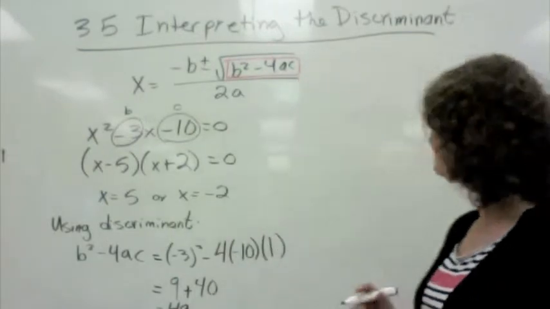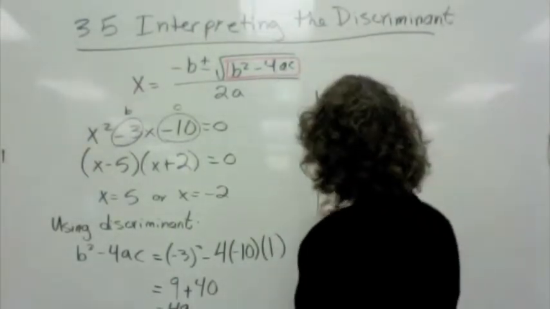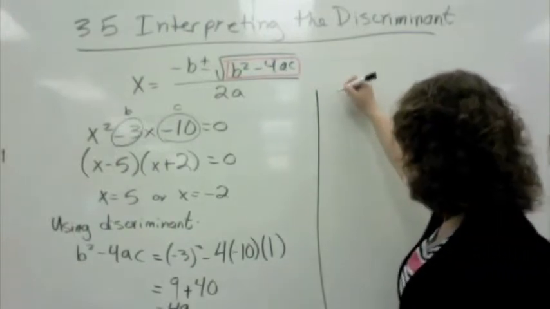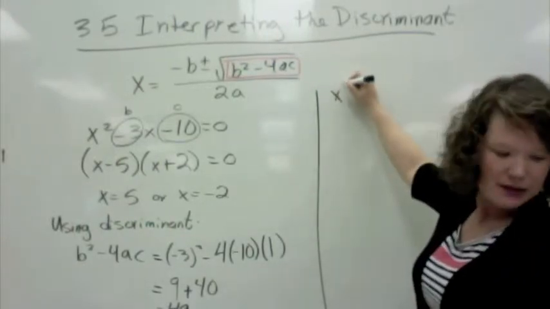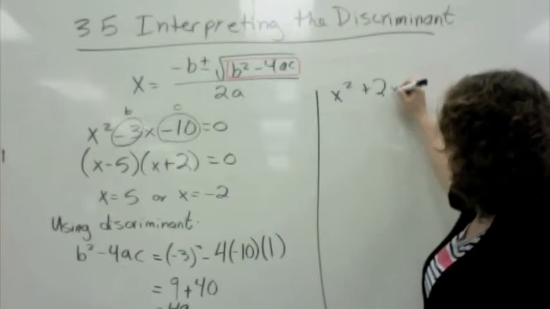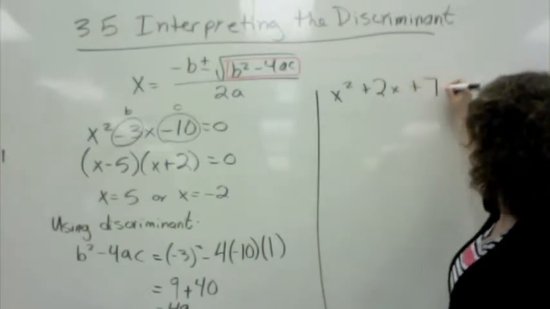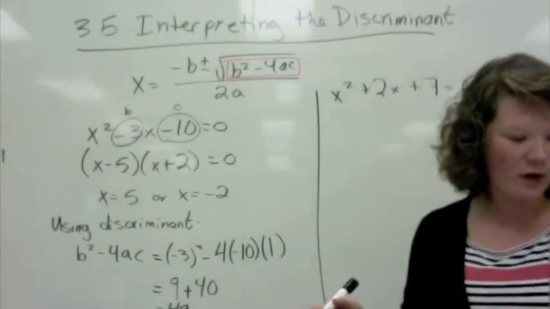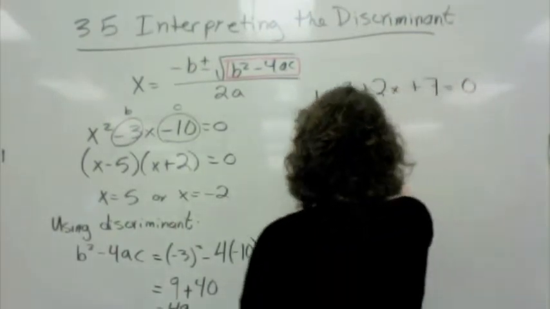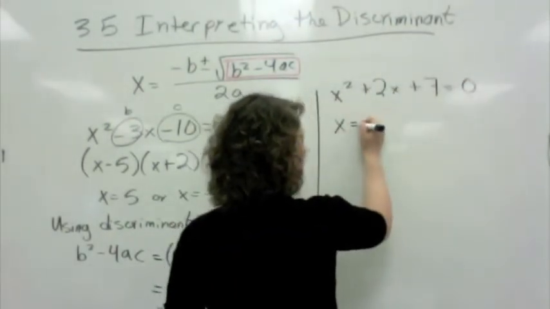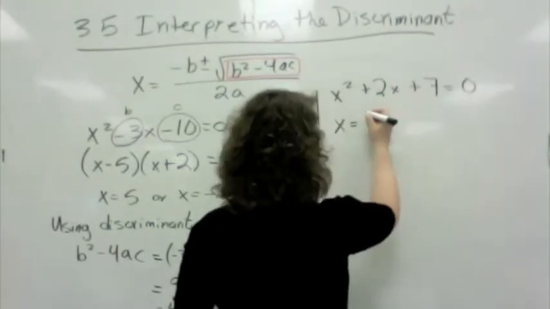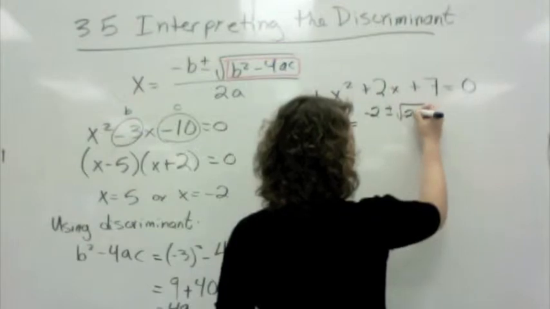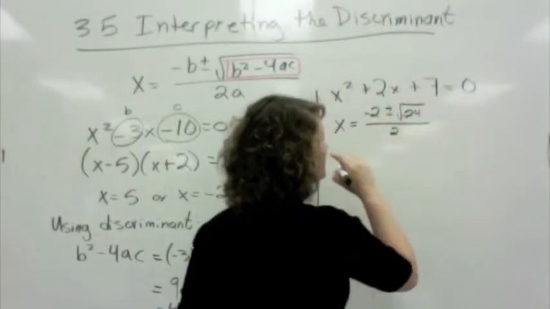Remember yesterday? We did the quadratic formula with this example right here: x squared plus 2x plus 7 equals 0. When we plugged that into the quadratic formula, we got a root like this: x equals negative 2 plus or minus the square root of negative 24 over 2.